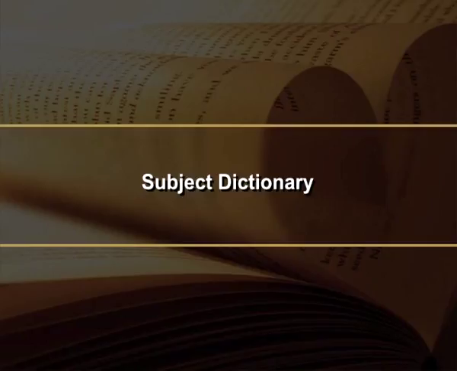Subject Dictionary. Subject dictionary deals with the terms of a particular subject. It gives accurate description, definition and illustration to explain the terms. Some subject dictionaries give bibliographies of the specialist and addresses of the scientific institutions.